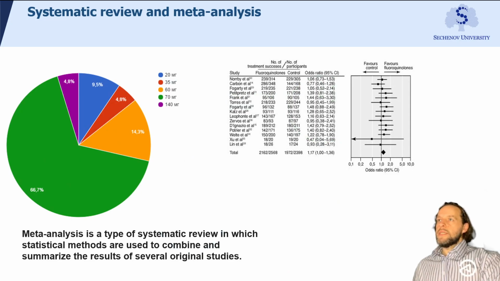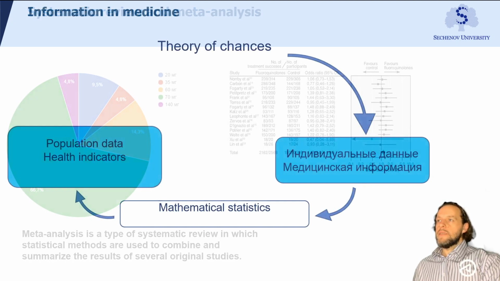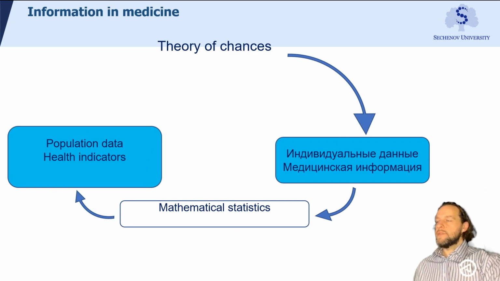Systematic reviews and meta-analysis are a summation of all previously done works in this area and application of mathematical studies on it.